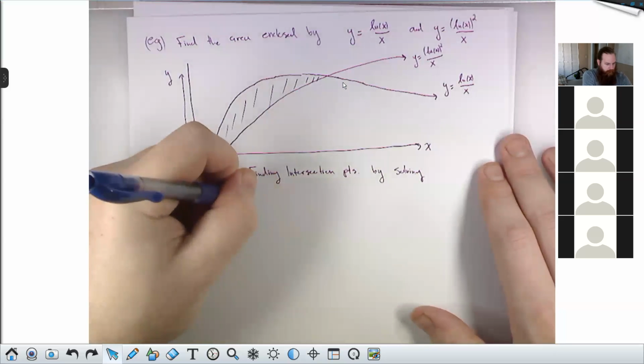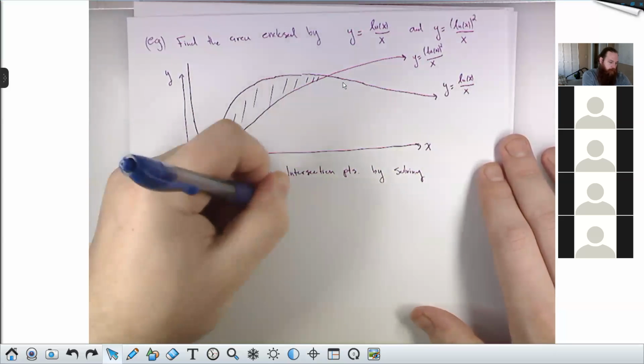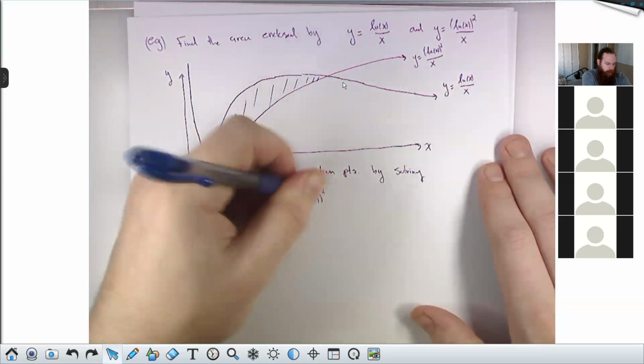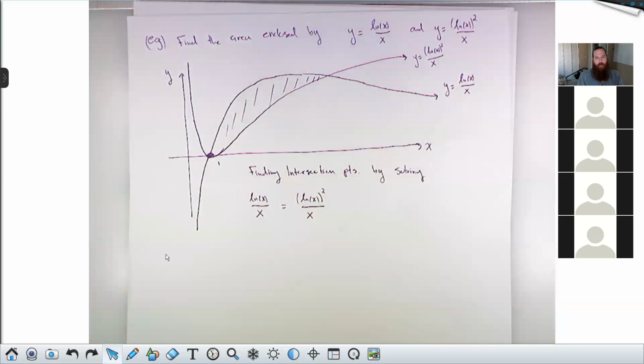So I set ln x over x equal to ln x squared over x. And in algebra and trigonometry classes, I always tell students, don't multiply both sides by x and cancel the x's from the bottom because you lose information. But as long as the x is not 0, you can multiply both sides and cancel, it's okay. And we know x equals 0 is not one of my solutions.